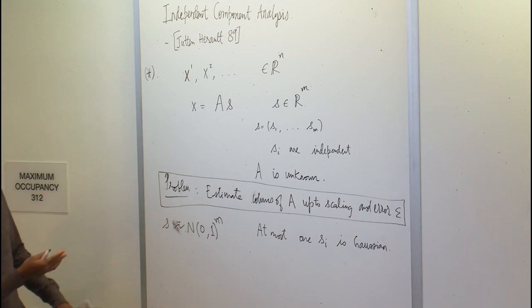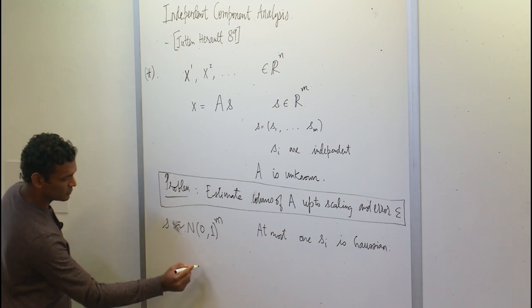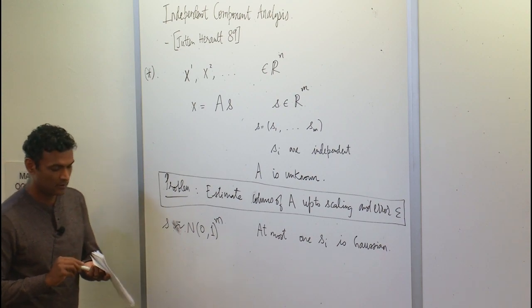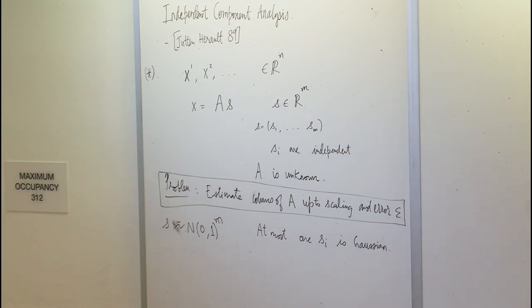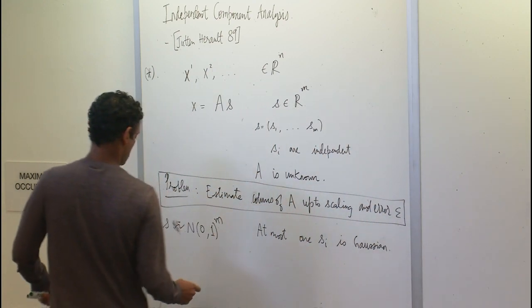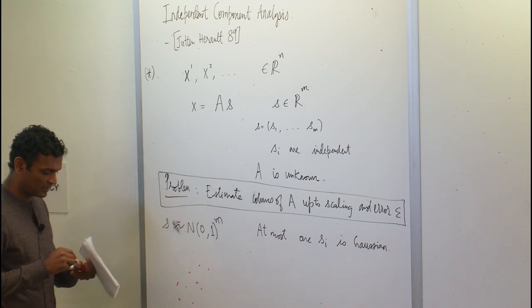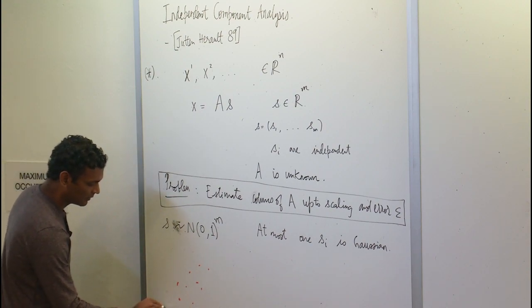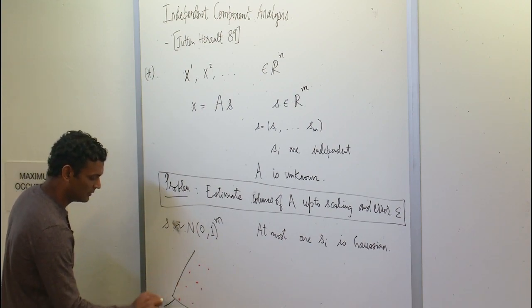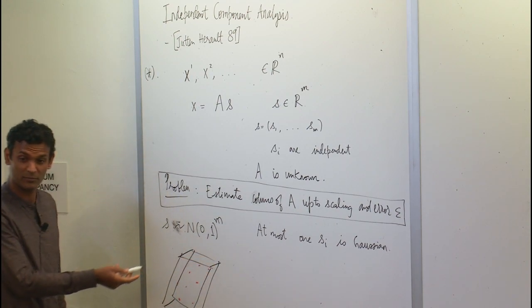So a useful example to keep in mind might be, suppose you see a sample of points and you're told that they come from a parallelepiped. Right, so there's some parallelepiped, and the sample comes from there.